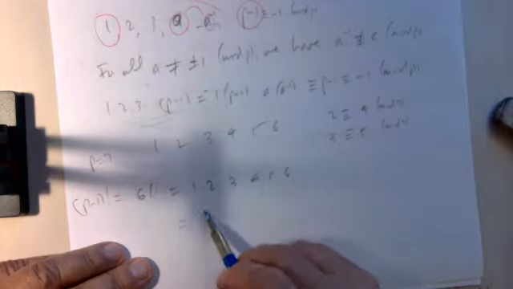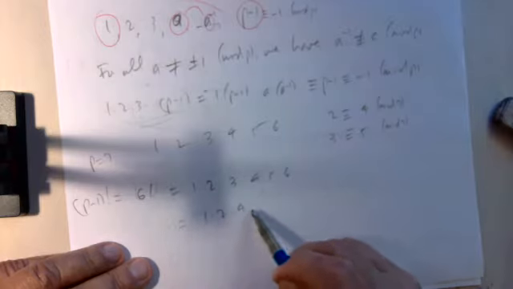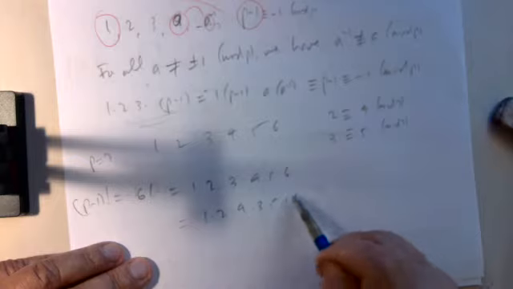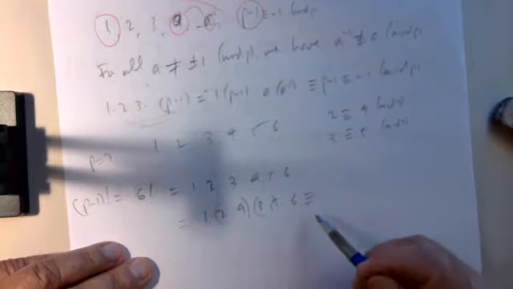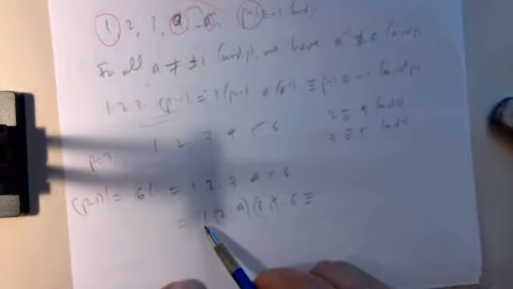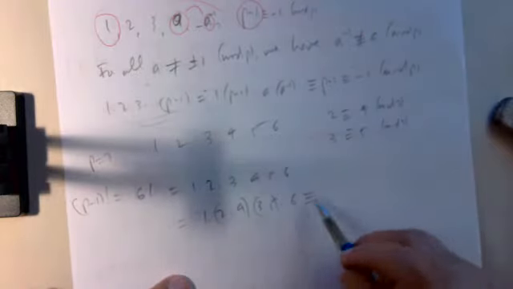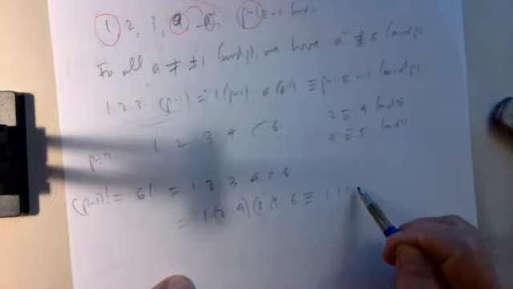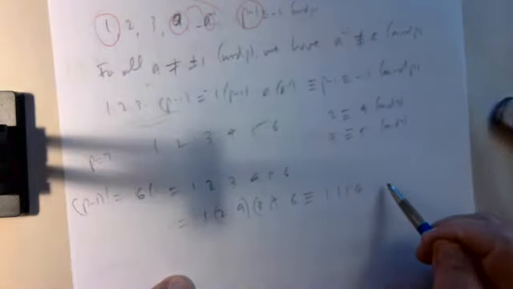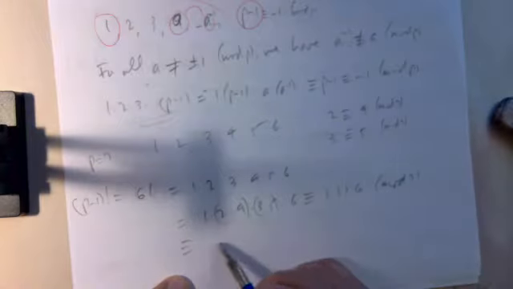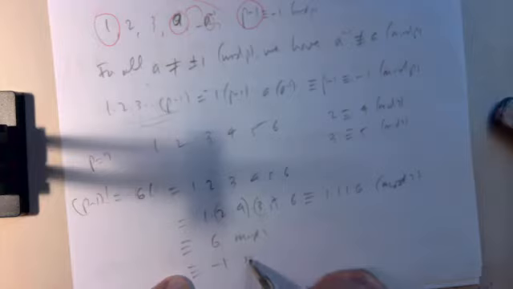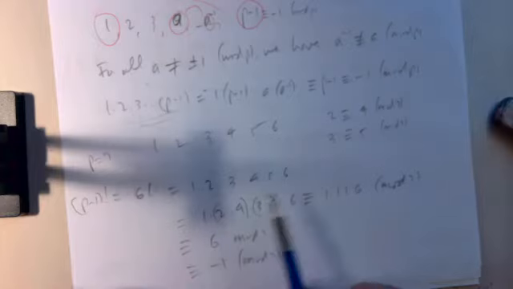I can write that as 1 times 2 times 4 times 3 times 5 times 6. What is this congruent to mod 7? This is 1, this is 1, this is 1. 1 times 1 times 1 times 6 is congruent to 6 mod 7. And 6 is minus 1 mod 7.